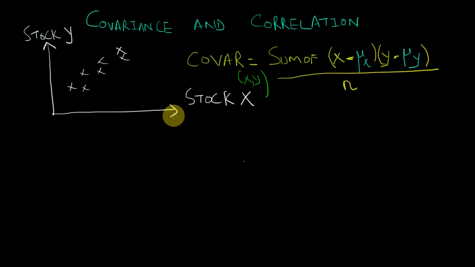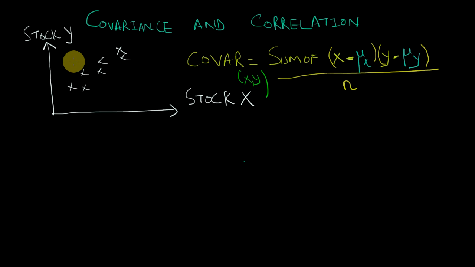Let's assume, for example, we have two stocks, stock X and stock Y, and we want to understand whether there is any sort of linear relationship between them. In other words, if the price of stock X increases, what's going to happen to stock Y? And if the price of stock X decreases, how will the price of stock Y behave?